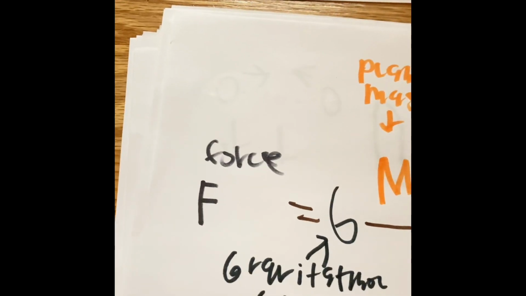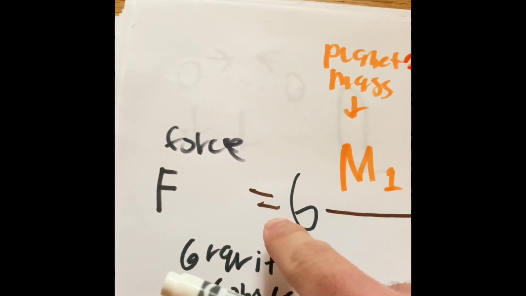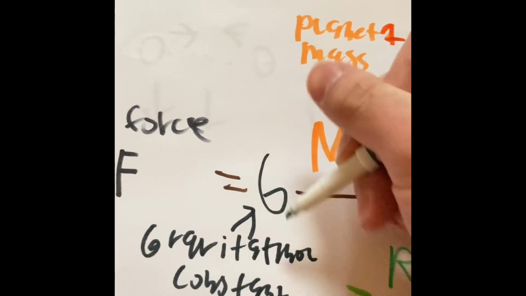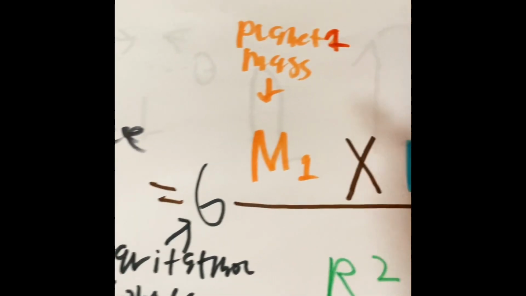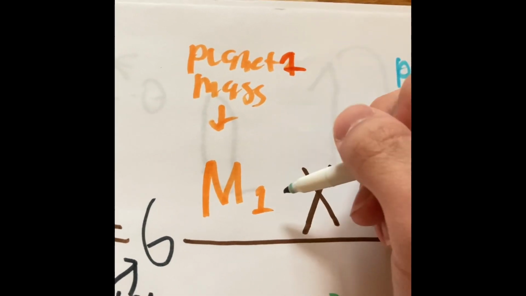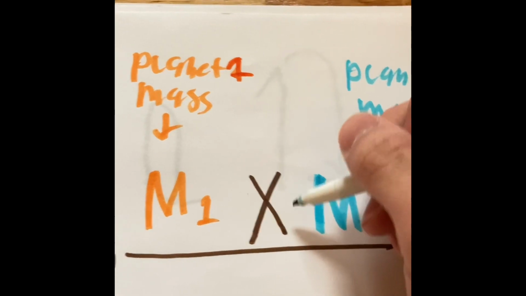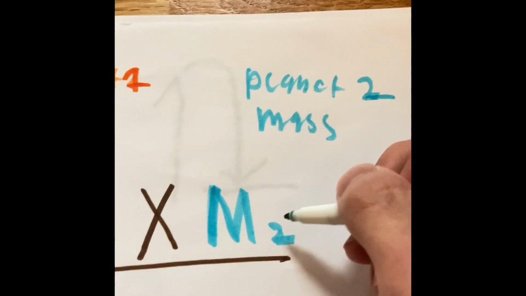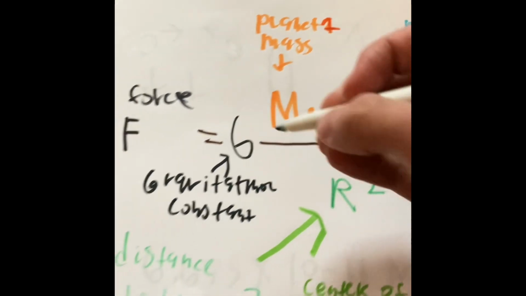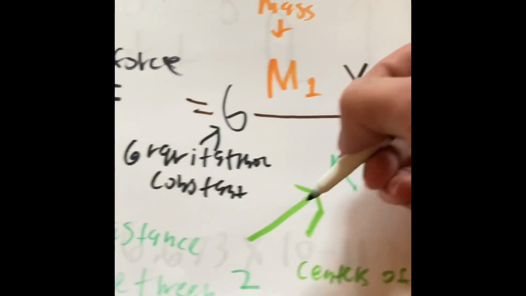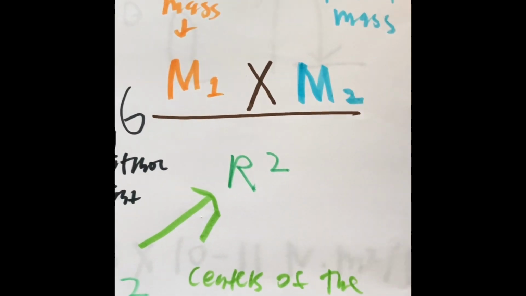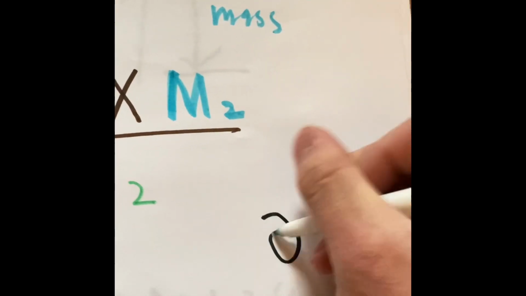The force between the two planets equals the gravitational constant times the mass of the first planet, multiplied by the mass of the second planet, divided by the distance between the two planets, measured from their centers.